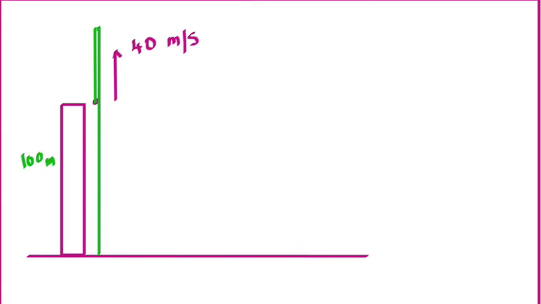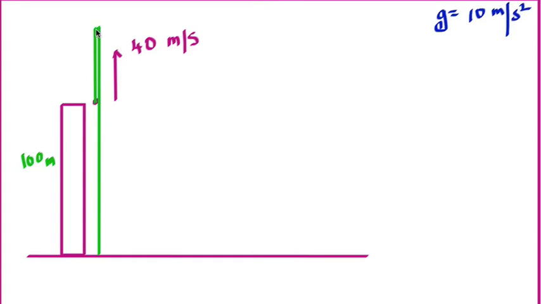Now, I need you to understand very simply that while it goes up, it experiences a force of mg downward. We are ignoring air friction. So the acceleration is g downwards, and we are going to take g as roughly 10 meters per second squared.